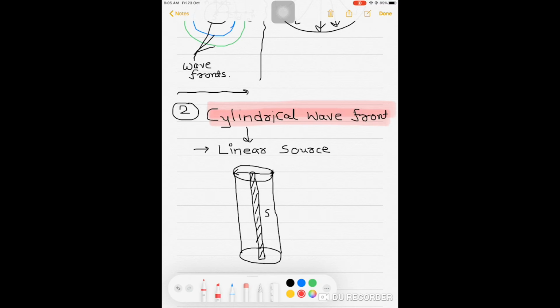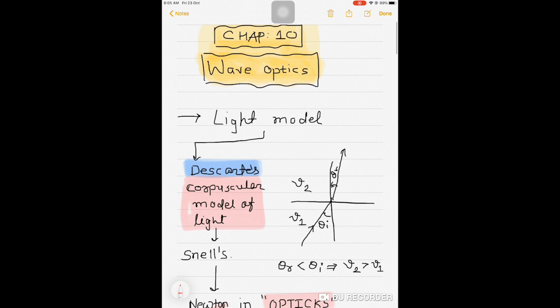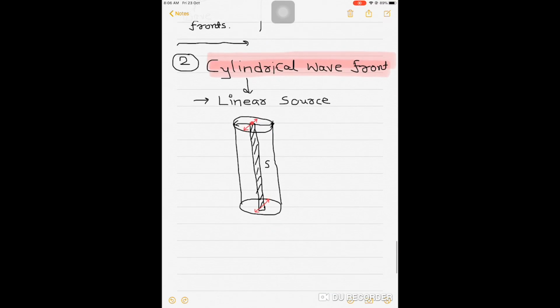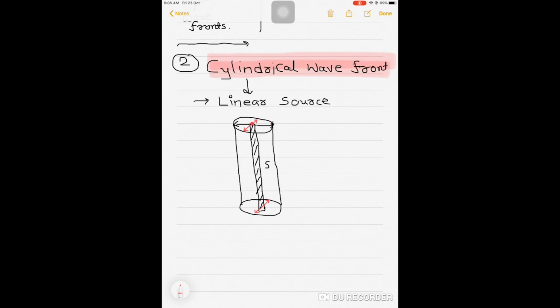Here we can consider these as points with the same speed.